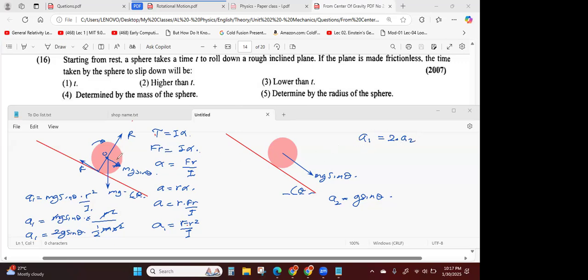When it's rolling, it has a larger acceleration. That means it will reach sooner. Starting from rest, at t equals 0, it takes time t to roll down.